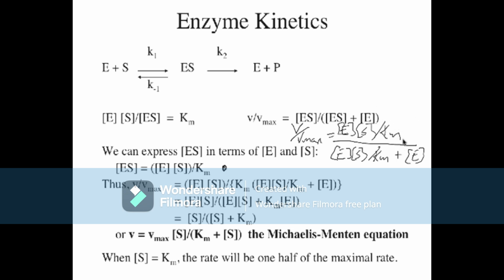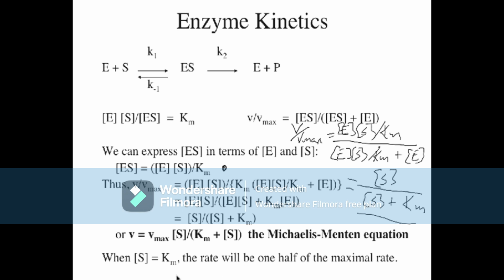I'm going to basically multiply both the top and the bottom by Km over E, so all the E's will cancel out. If I multiply by Km over E, I'm going to have S on top left over, and on the bottom I'm going to have S as well, and plus Km. So this is what I end up with, S over S plus Km. And that's the Michaelis-Menten equation. V over Vmax equals S over Km plus S.